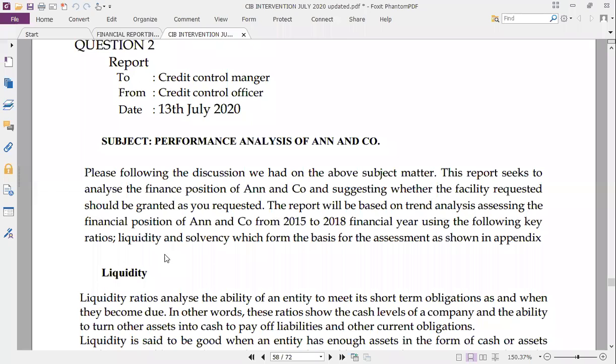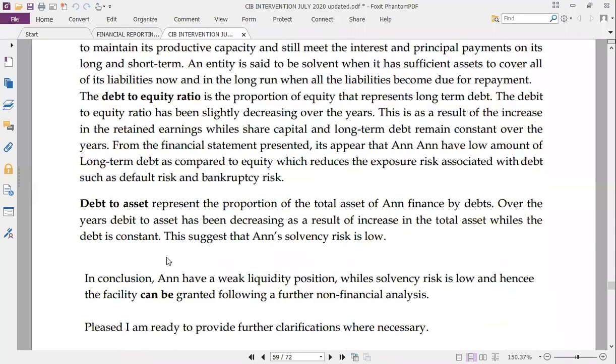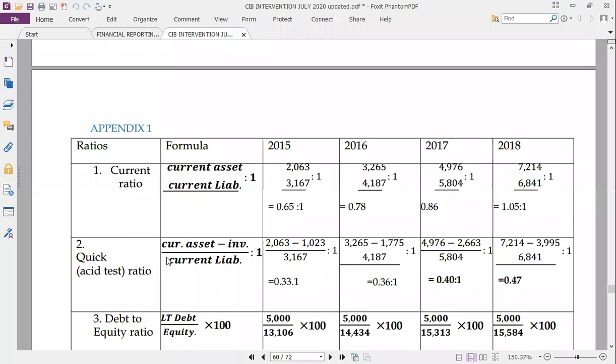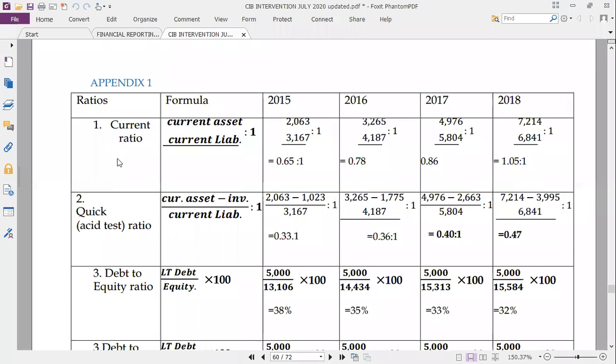Let's go to the ratio calculation first. It was an appendix. Current ratio. So the formula is calculated here. Quick ratio. That's all for liquidity.